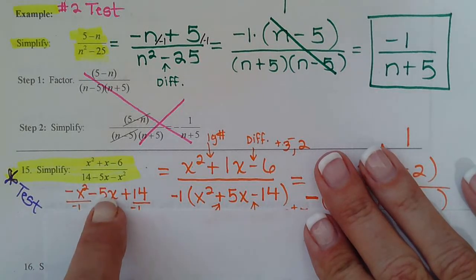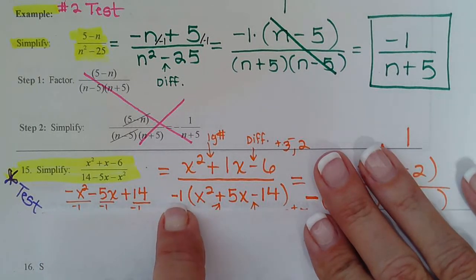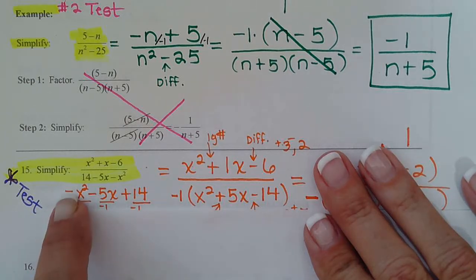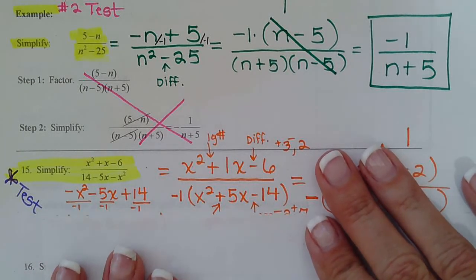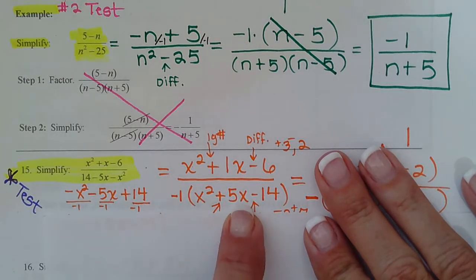Negative, negative, positive. Then I decide, oh yeah, I can't have that negative, so I take a negative out in front. And that's going to change all the signs when I divide by negative. Positive x squared, positive 5x, negative 14.